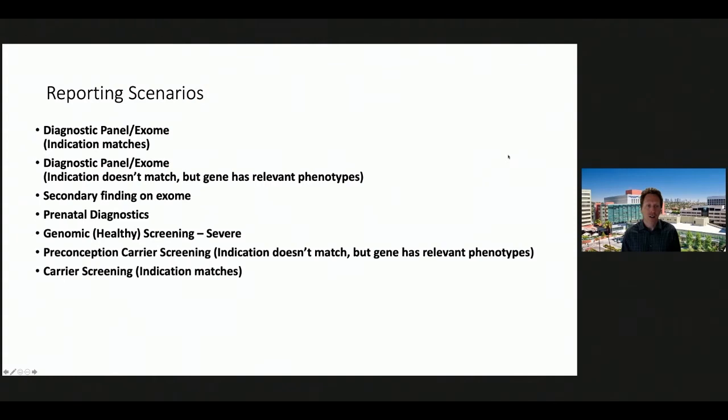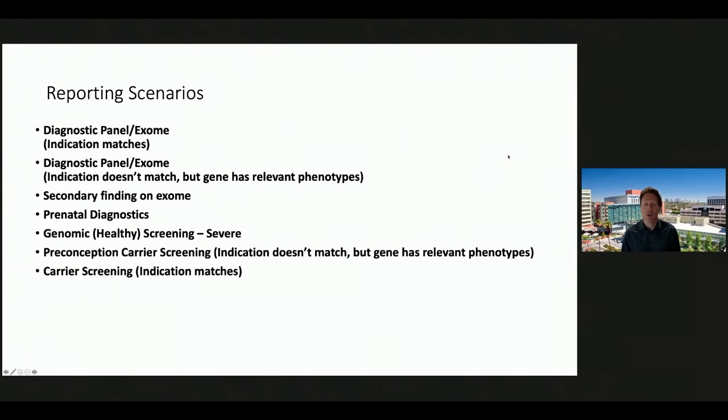You're doing a diagnostic panel, and indication matches means that the risk is for the same disease as the high penetrance variants. Indication doesn't match is saying we found a variant in that gene, but it has nothing to do with the gene panel, the phenotype for the high penetrance variant.